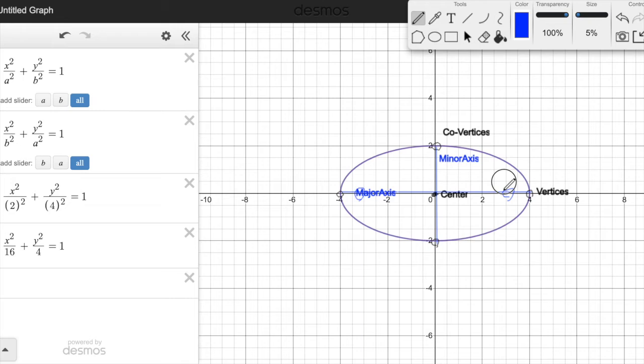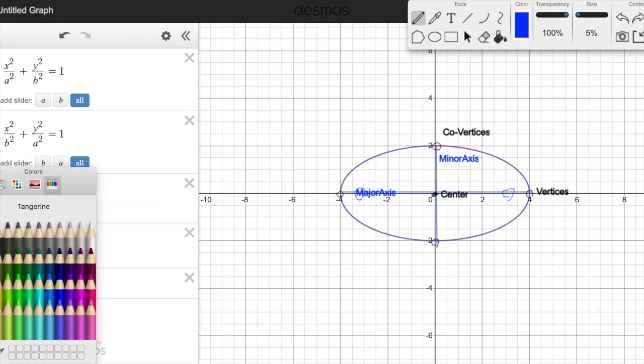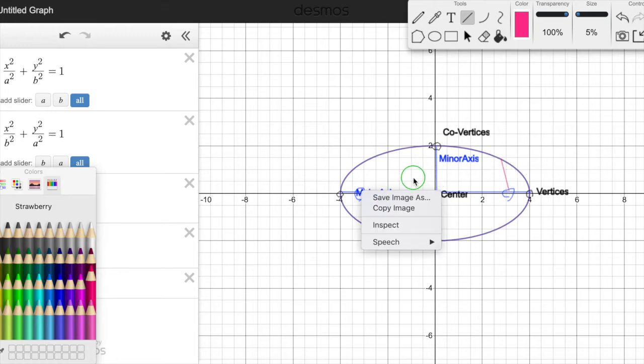And every point, let me change colors. Strawberry. And every point from the foci to some point on the ellipse is going to be the same distance.